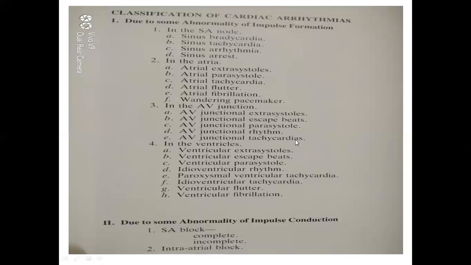So one is origin and one is conduction. It conducts through the atrial wall or the interventricular septum or the ventricular wall. So the conduction is not smooth and the flow is not reaching the other part. So there is a block.